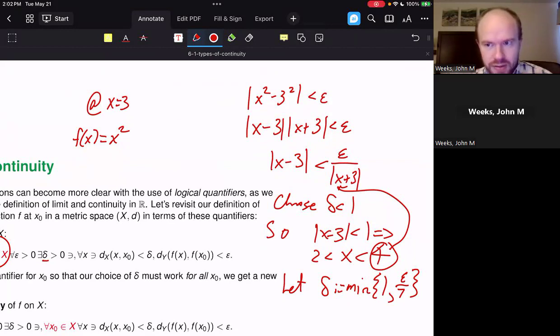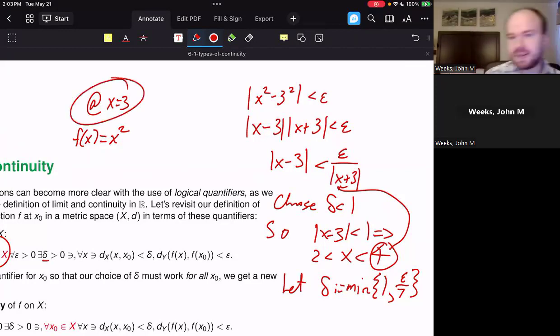Now, notice in that argument that I used heavily the fact that I was working with x equals 3 in terms of its continuity. Uniform continuity does not allow us to make that sort of decision. The function f of x equals x squared is continuous, but it's going to end up not being uniformly continuous because any argument that we can make for its continuity relies on this choice of x.